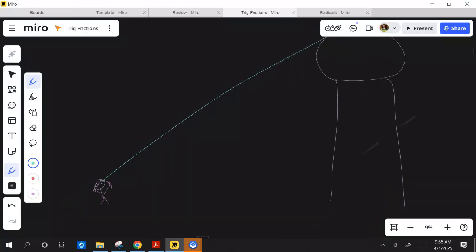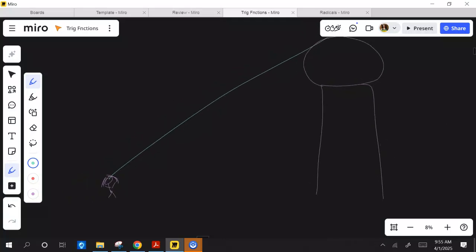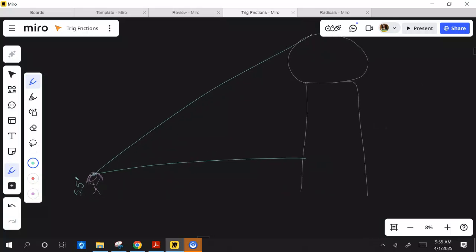Okay. Now, Malaya, how tall are you? 5'6". In inches, that would be what? Let's just say 5.5 feet. Okay. Here's where this comes across, right? I want to know how tall that building is. Now, here's my right triangle.